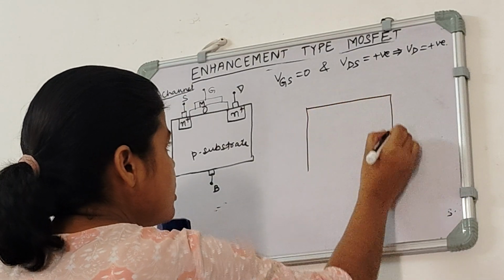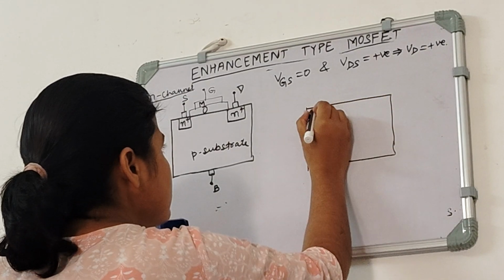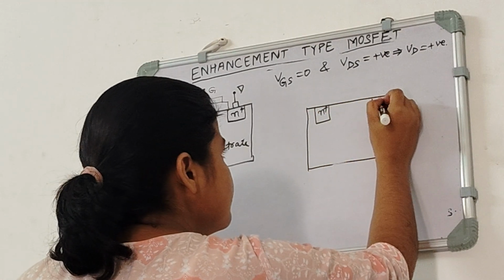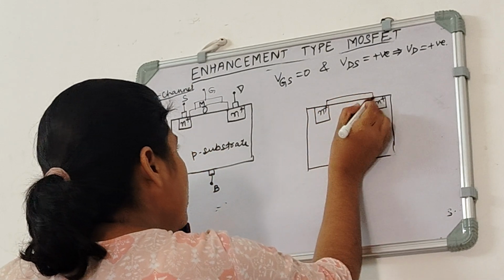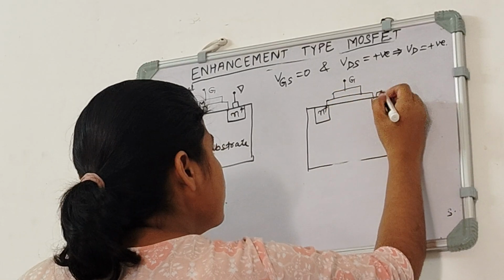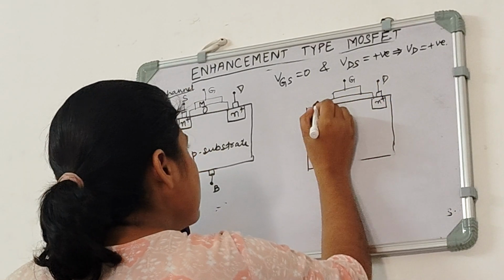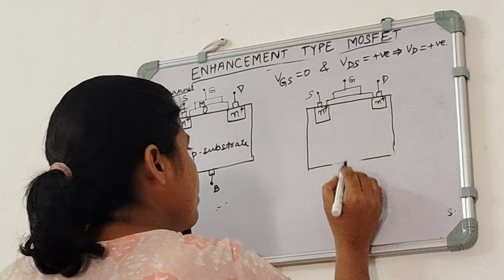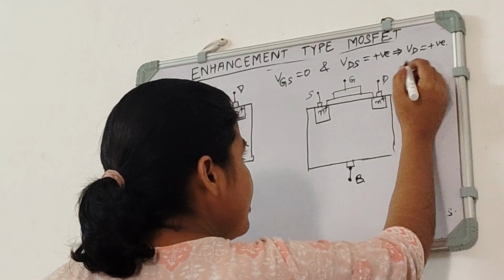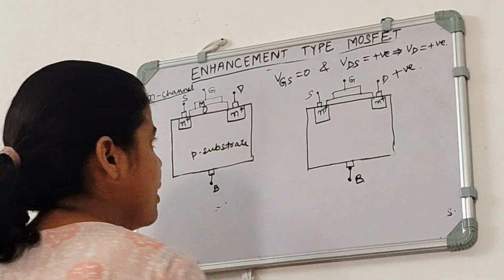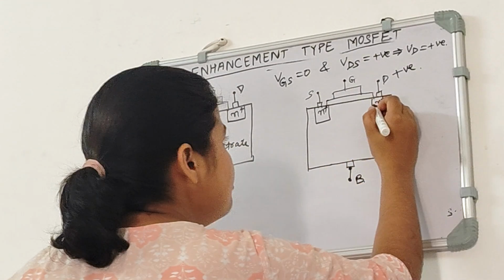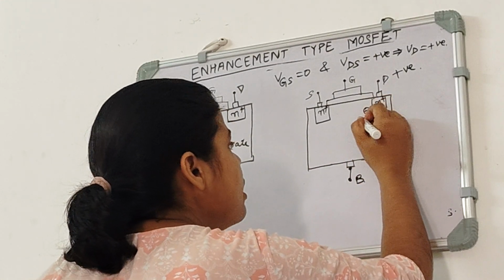So now this is our P substrate, this is source, this is drain, oxide layer, metal layer, gate terminal, drain terminal, source terminal, body terminal, and here we are applying positive voltage at the drain. Due to this positive voltage at the drain, here we will have strong electric field.